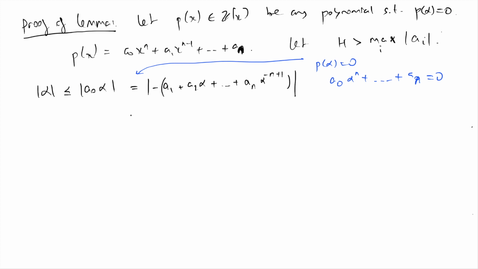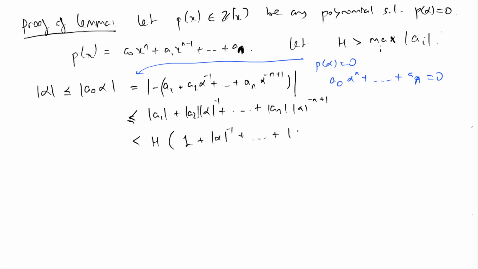Let's do this in two steps. Using the triangle inequality, this is a1 plus a2 alpha^(-1) and so on up to an alpha^(-(n-1)). Now I substitute h here. This is part of a geometric series, so here maybe I could have had equality, but I'm going to have an inequality.